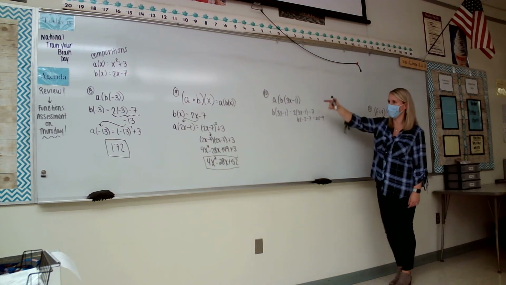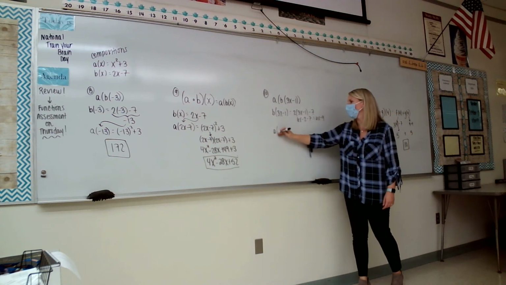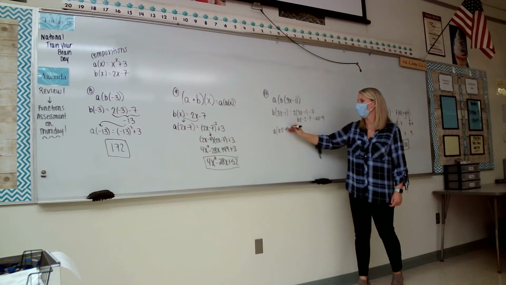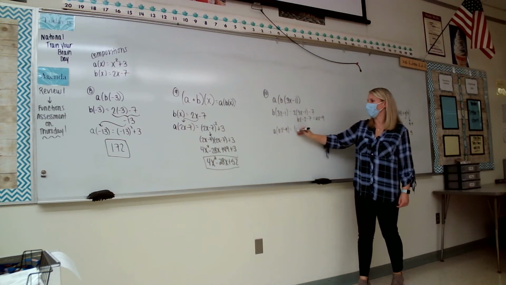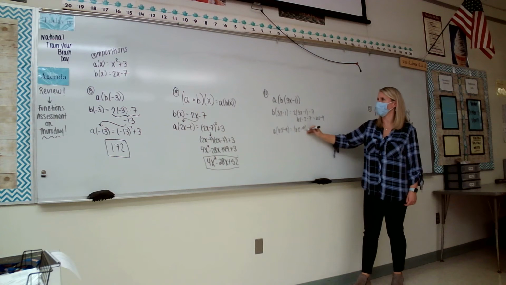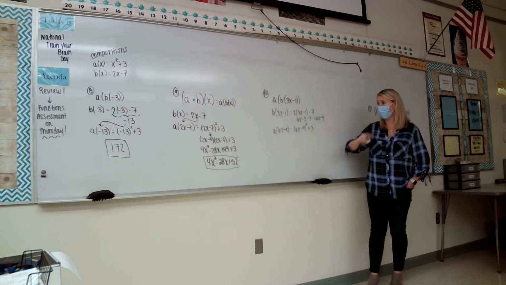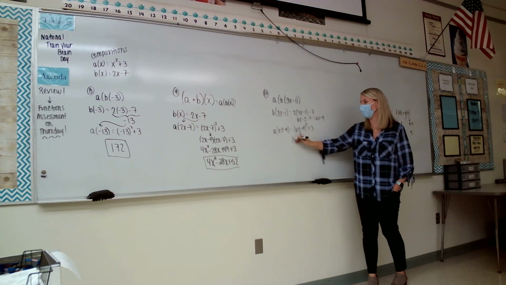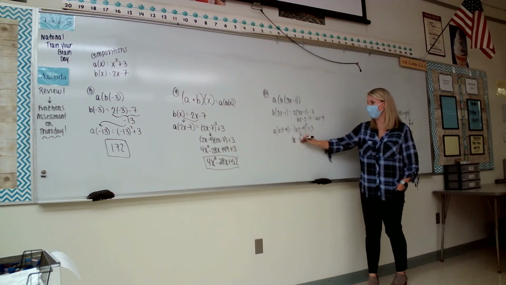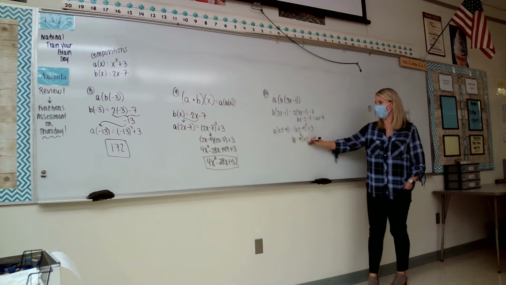Now I'm going to take that and plug it into the A function. And what do we got? 6x minus 9 squared plus 3. So once again, you see this pop up quite a bit. You're going to square that binomial. It's kind of an awkward way to write it, but you get the idea.